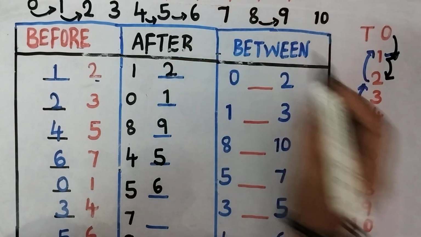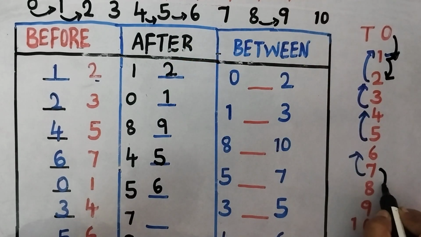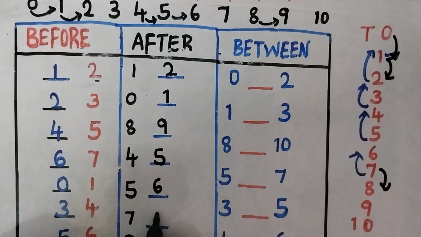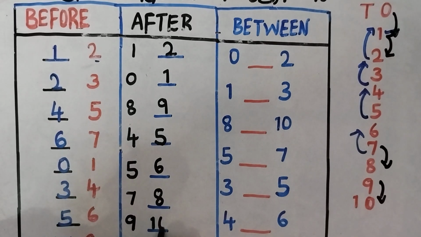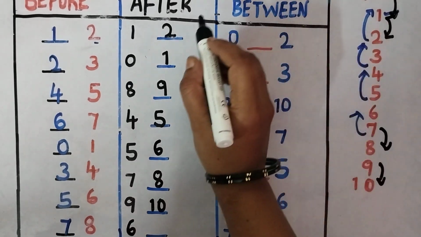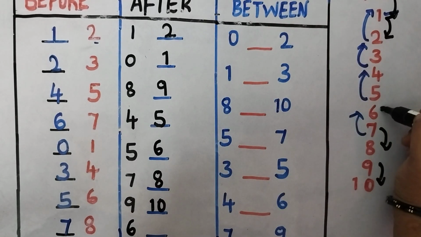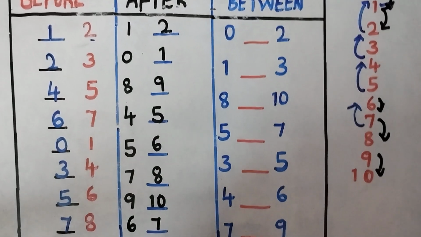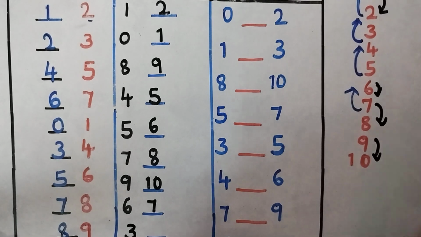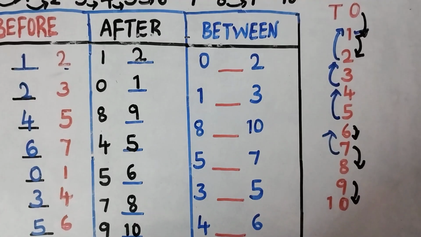After 7, coming down, that is 8. After 9, that is 10. After 6, 7. After 3, what? The 4. That is 4.